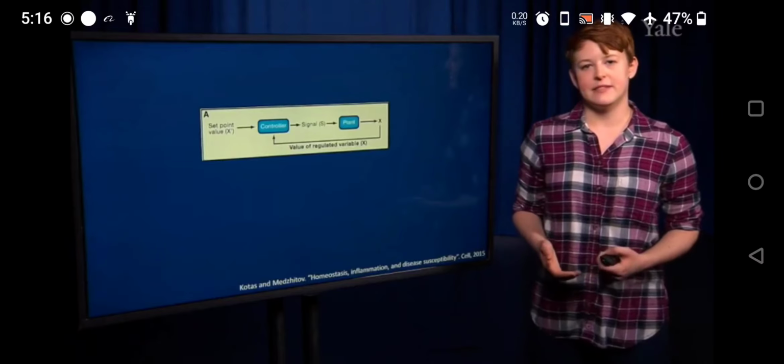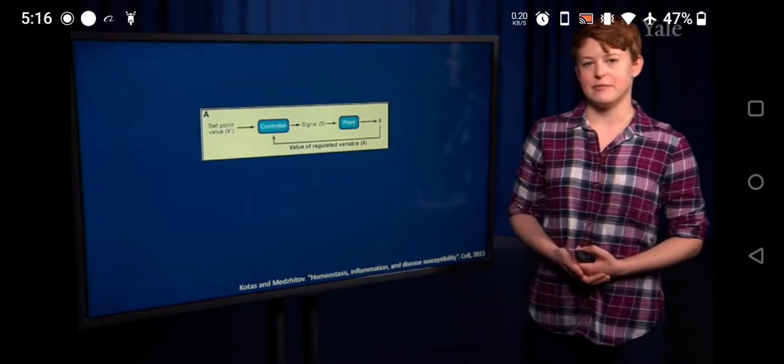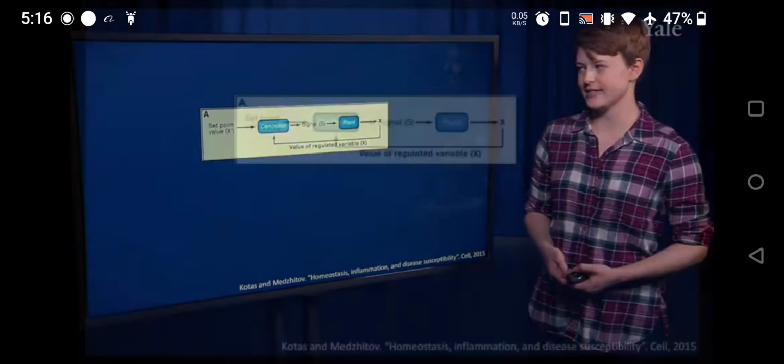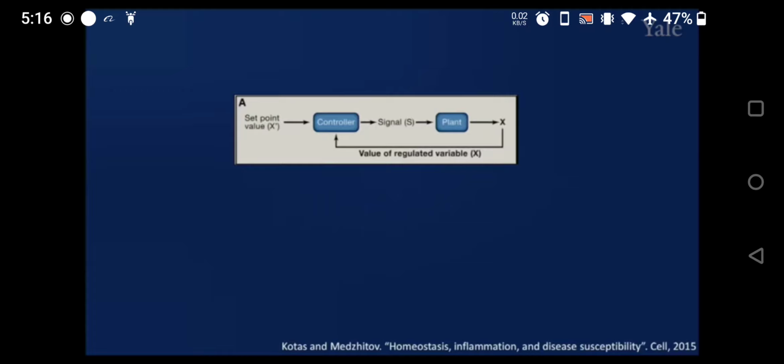So I mentioned some variables and returning those variables to homeostasis. So this is an engineering-based diagram to help you guys visualize what that means. So we have a value, for example, the blood glucose level, and this is sensed by various cells in the body, for example, macrophages.